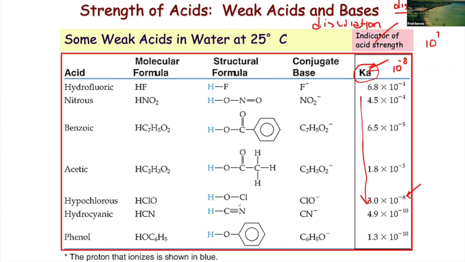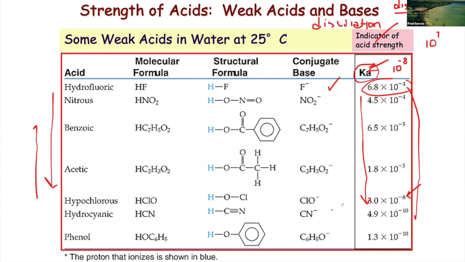So what this chart is telling you is that as we go down this table, we have weaker and weaker acids. These things will have less efficiency to get rid of their hydrogen. Whereas the chemicals on top, even though they are weak acids, remember, because they don't deliver their hydrogens 100% of the time, they are at least the strongest among the weak. Okay, let me say that again. Because their Kas are bigger than the ones down here, among the weak acids, these chemicals up here are the strongest among the weak.